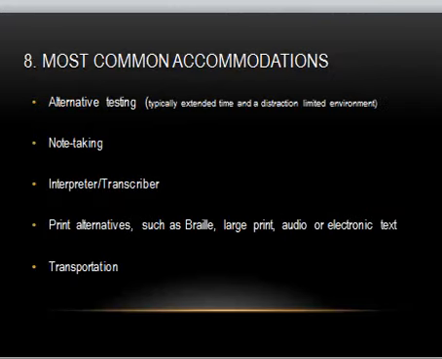Number 8. Most common accommodations include alternative testing, typically extended time in a distraction-limited environment, note-taking, interpreter/transcriber, print alternatives such as Braille, large print, audio, or electronic text, transportation.